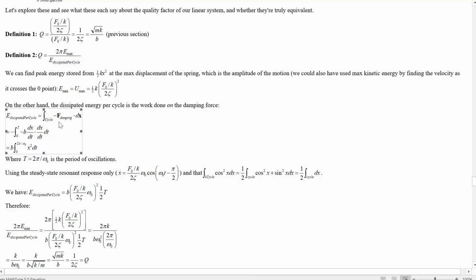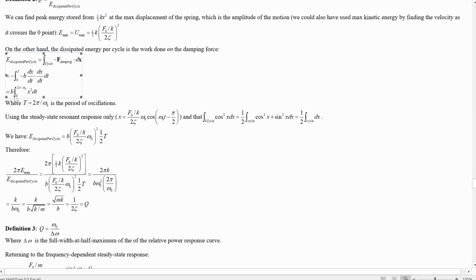But we want the work done on the damping force, the dissipated energy, and that's where the negative comes from. Now, because the damping force itself is negative, this ends up creating another negative inside. We factored the first one out to give us a positive thing overall. The damping force is dissipating energy. Okay, so we end up having the integral over the full cycle, over one period, of the velocity. The average of velocity would give us 0, but this is the integral of velocity squared because we had 2 velocity terms.